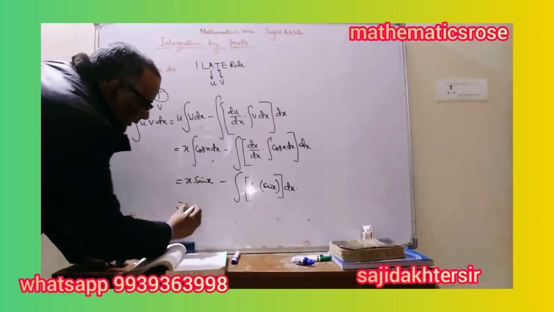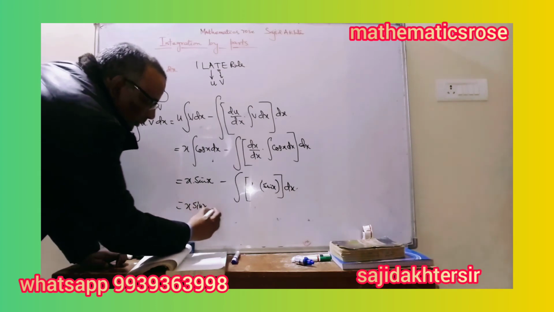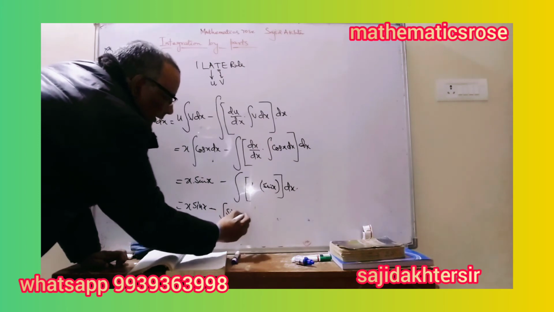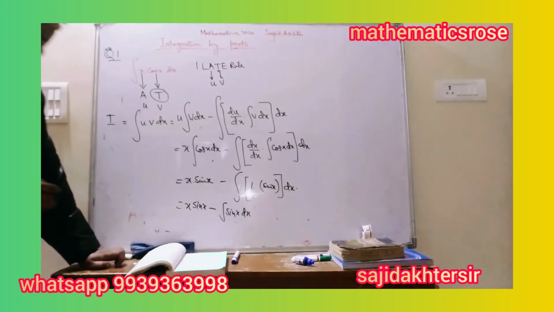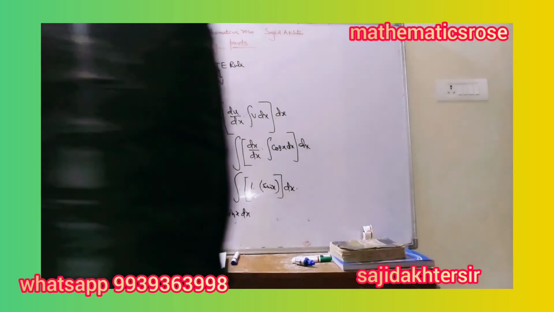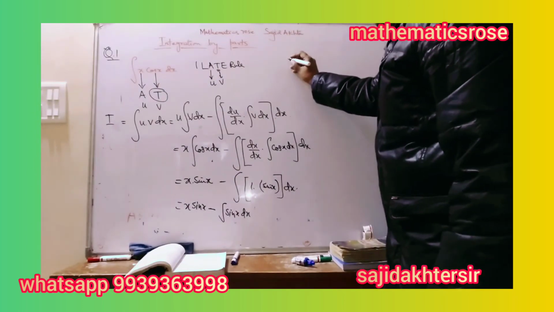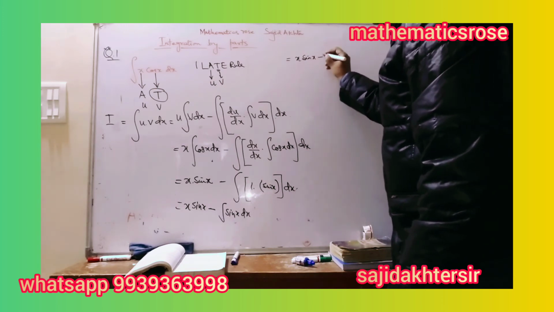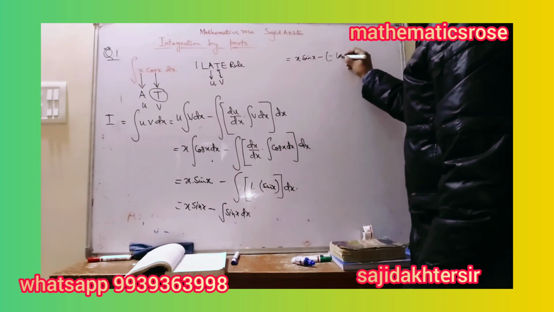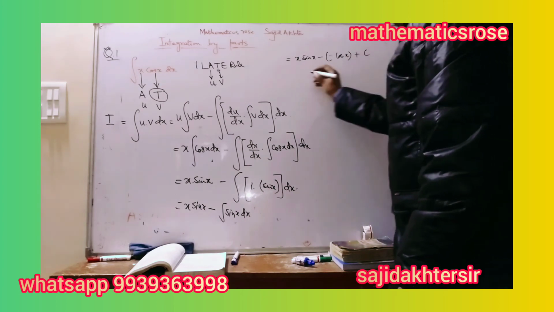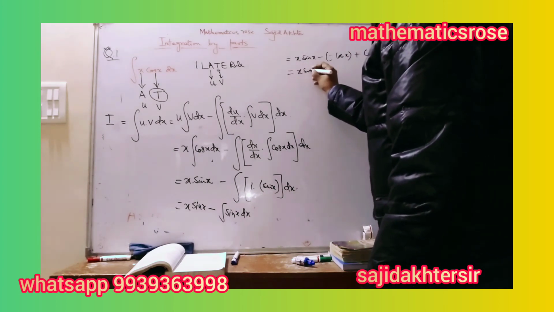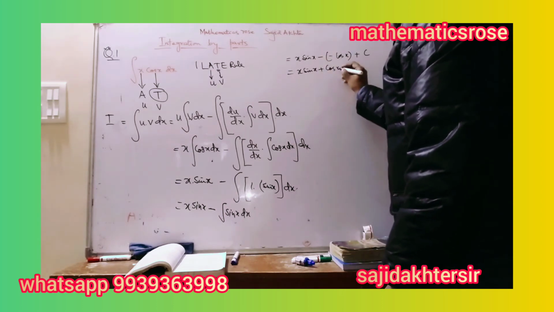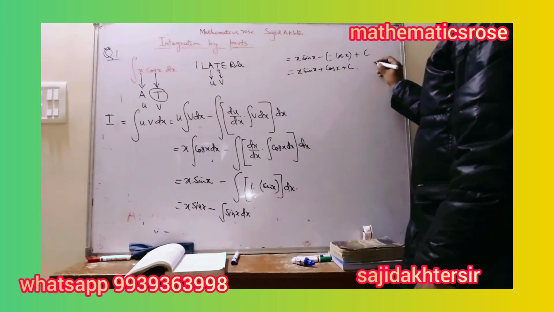So x sin x minus the integration of sin x dx. As you know, the integration of sin x is minus cos x. So from the standard formula, x sin x minus minus cos x plus c, so x sin x plus cos x plus c. This is the answer.